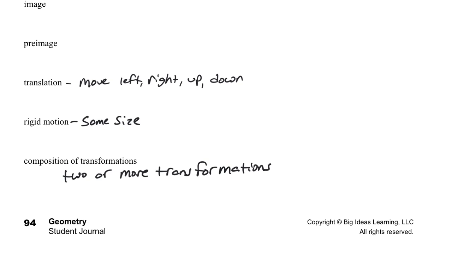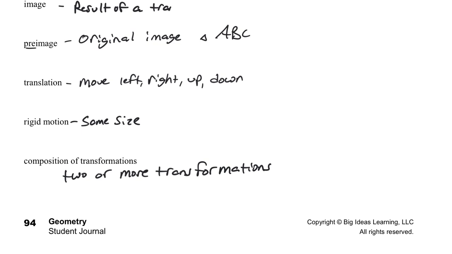Now, pre-image is sort of like your original image. So if we had a triangle, we can call it triangle ABC. And then if we do a transformation, let's say we slide everything left 4 spaces and up 2 spaces, we have the image. So the image is the result of a transformation.